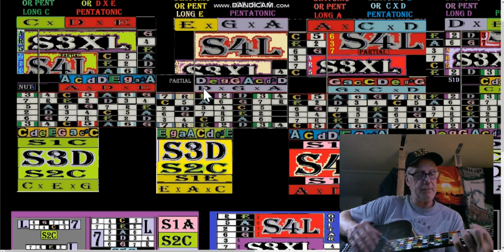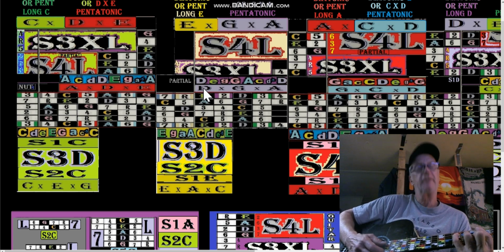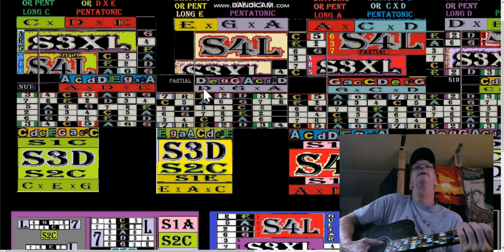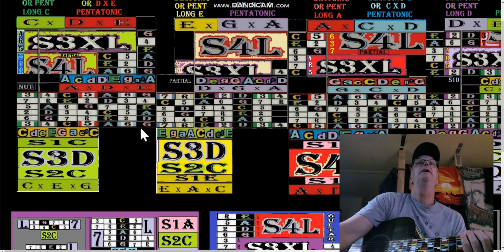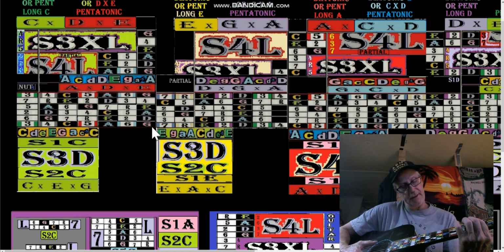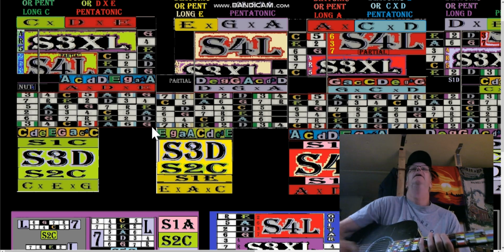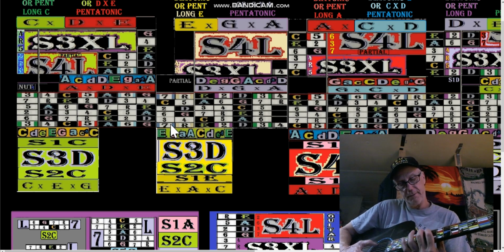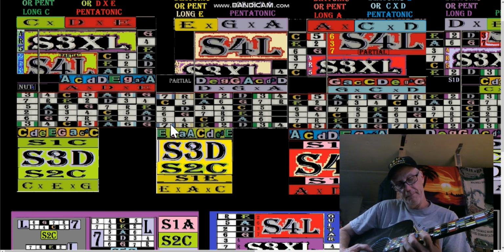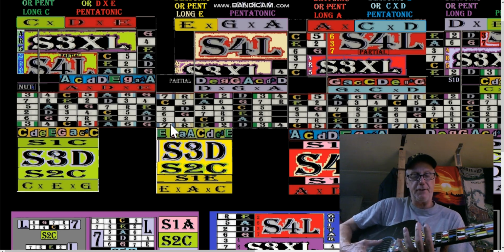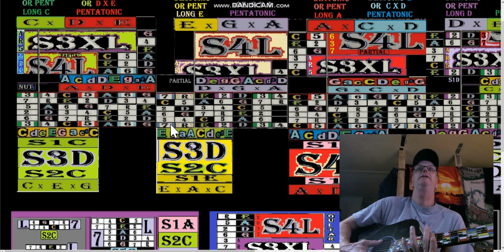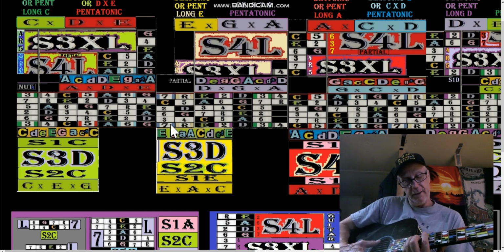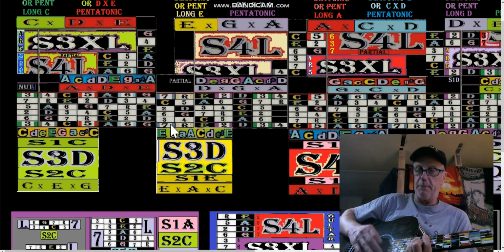So here's your C shape. The long pattern's going to take it all the way up from this 3 to this B flat. From this 3 to this B flat here. Okay, now the 7 is part of the E shape. This is as far down as the E shape has to go. The E shape's up here.